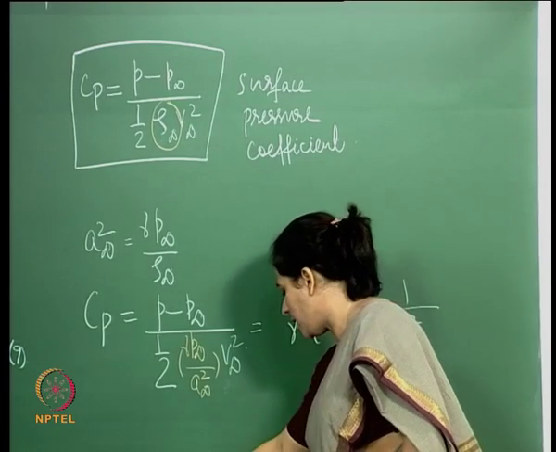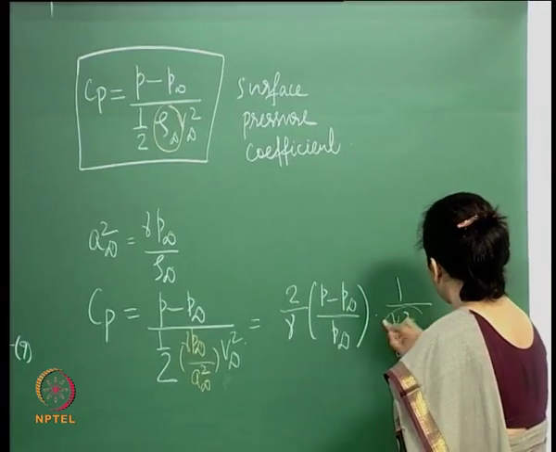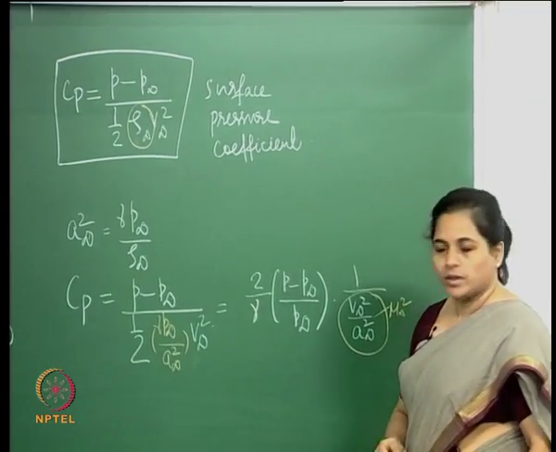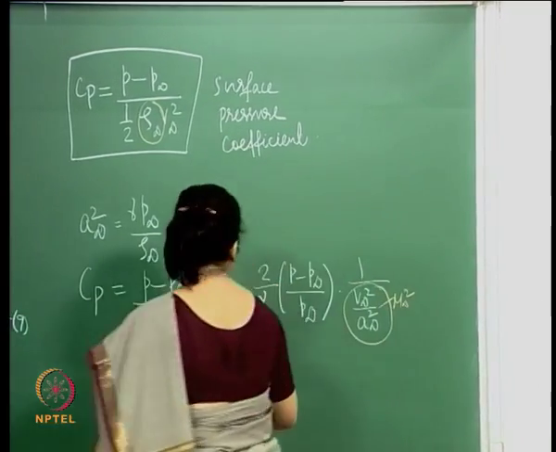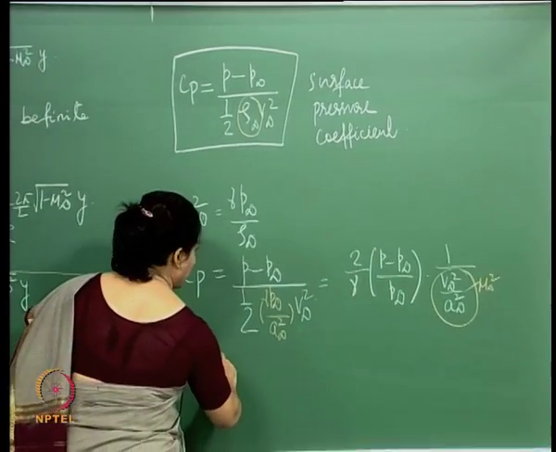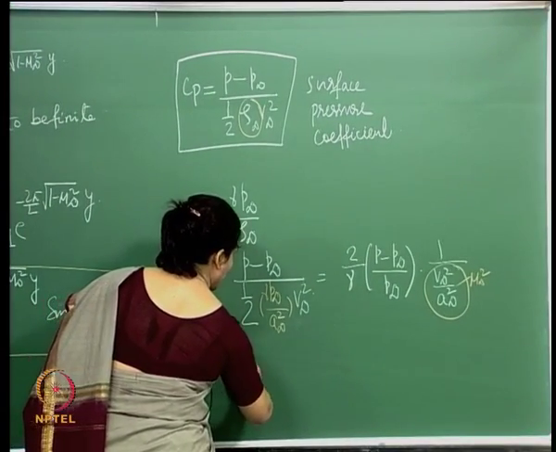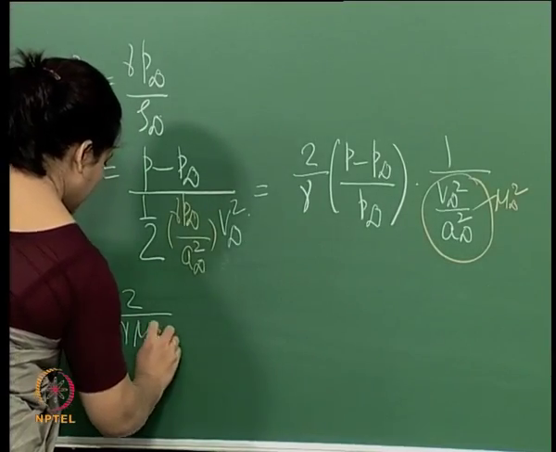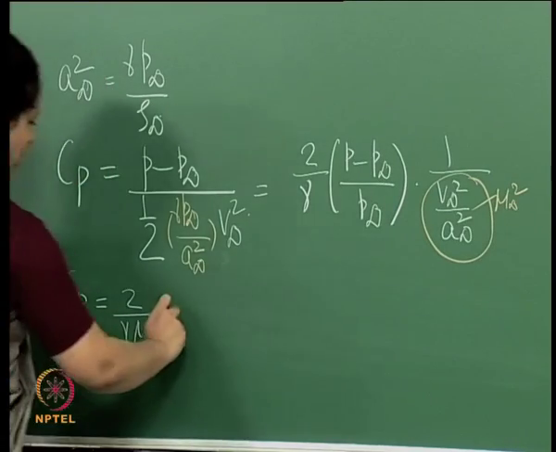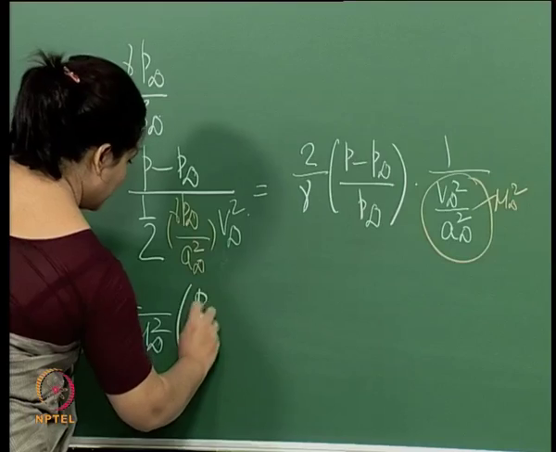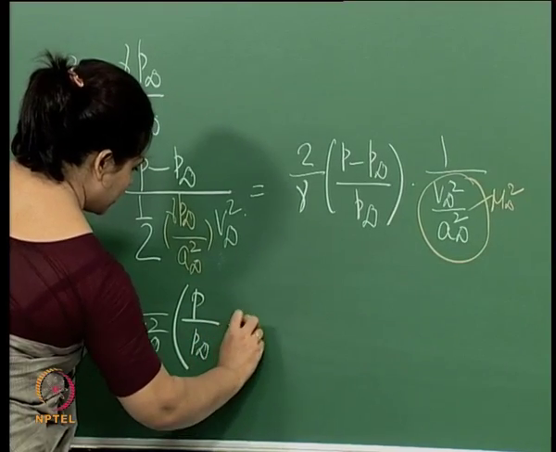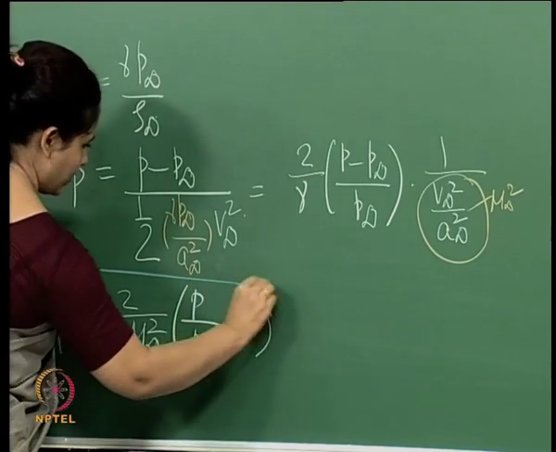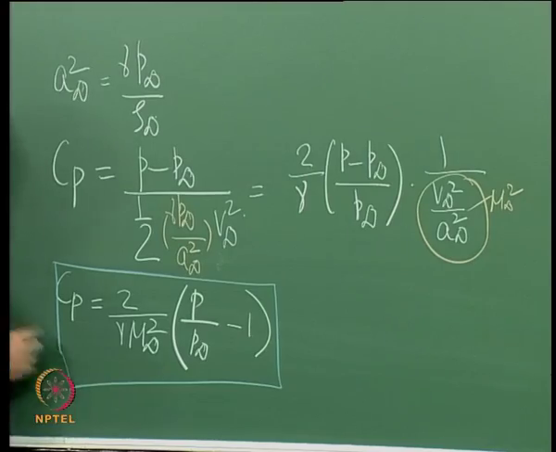So you can see here that this makes some sense to us, right? So this I can write as the Mach number. So therefore I can write Cp to be 1 by, into, okay.